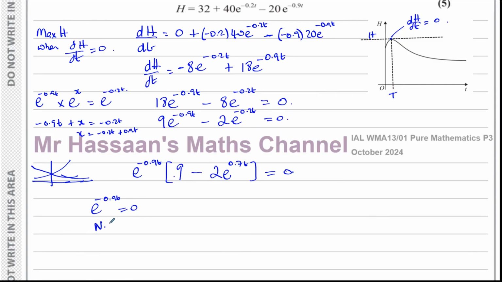So there's no solution to this part. And for this part here, I can say 9 minus 2 e to the power of 0.7t equals 0. So I can solve this. I can say 9 is equal to 2 times e to the power of 0.7t.